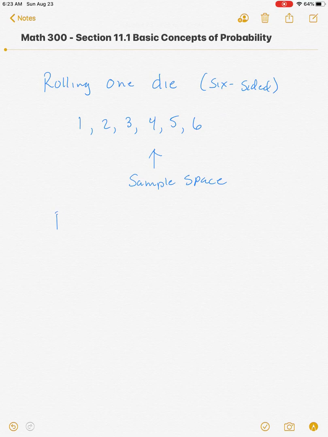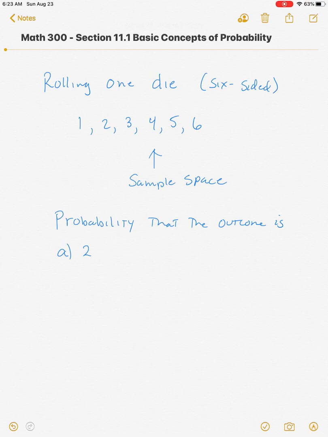So let's suppose we are asked this question. Find the probability that the outcome is, and let me just put A, find the probability that the outcome is 2.